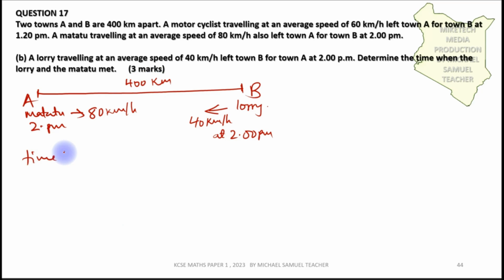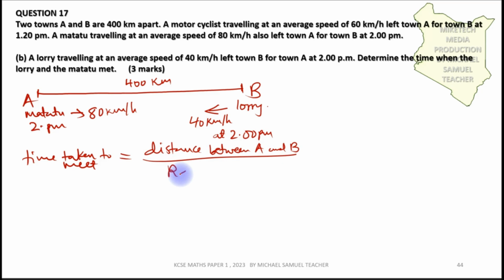So the time taken to meet is the distance between A and B, all over the relative speed. Since they are moving in opposite directions, we add the speeds: 80 plus 40.